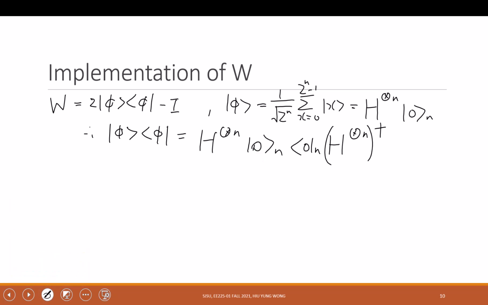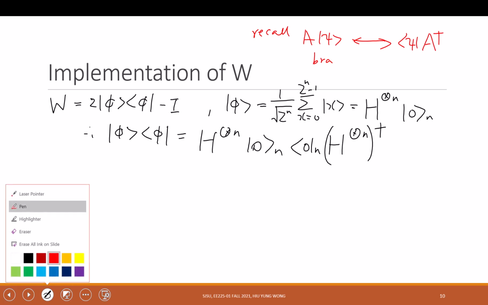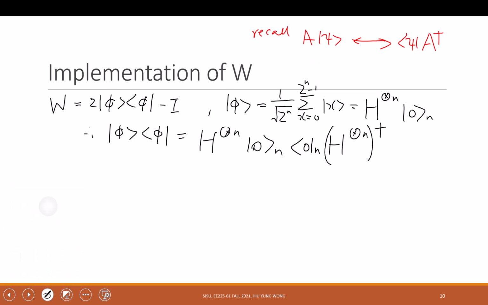Because just recall, for any function, if you have A applied to a function psi, its bra version is psi A dagger. Remember, this is the ket space. I'm sorry, I keep saying the wrong thing. This is the ket space. This is the bra space.